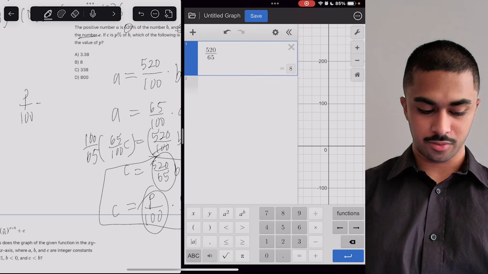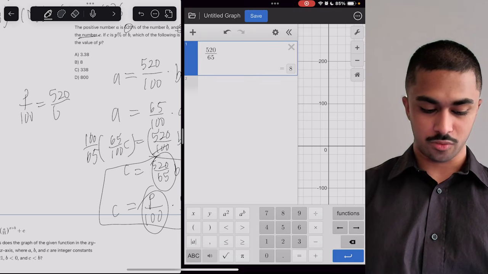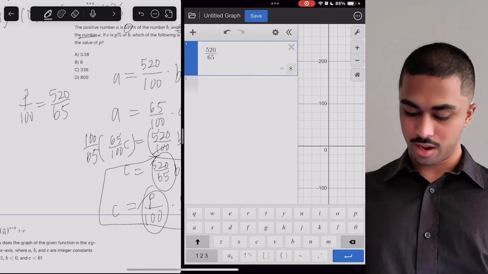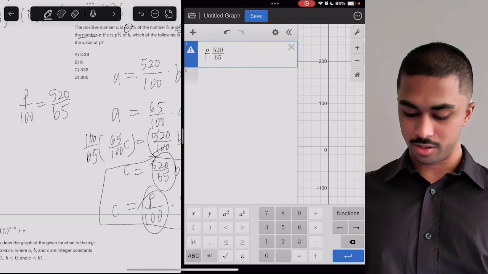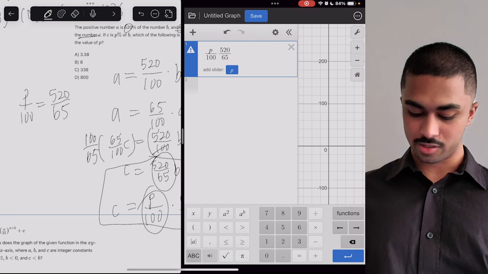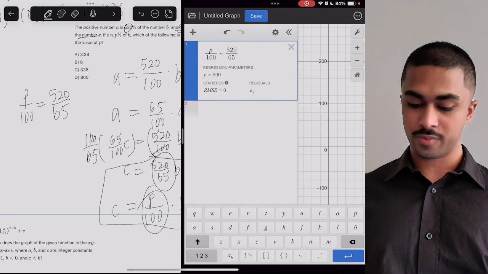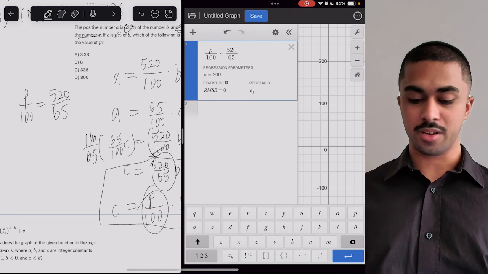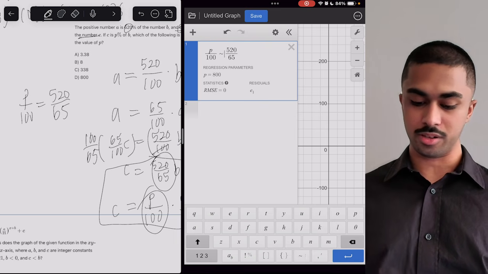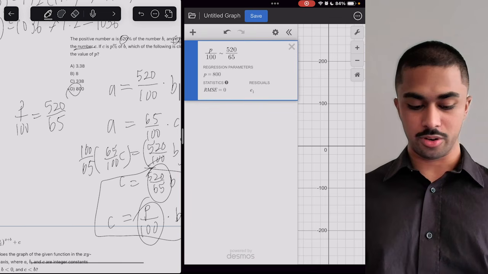Let's write this over here, 520 over 65. And I wouldn't even multiply the 100 to the other side. I'm that lazy. I just want Desmos to calculate this entire thing for me by using one variable other than X or Y, and instead of the equal sign, use the tilde. Okay, 800. Perfect.